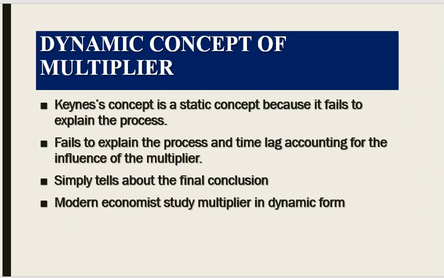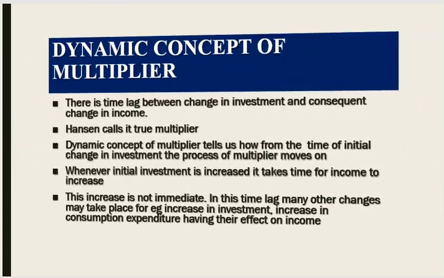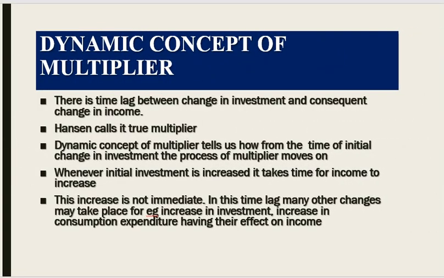But modern economists study the multiplier in dynamic form. There is always a gap between the change in investment and the resultant change in income. Hansen called it the true multiplier. The dynamic concept of multiplier tells us how, from the time of making the initial investment, the process of the multiplier moves on.